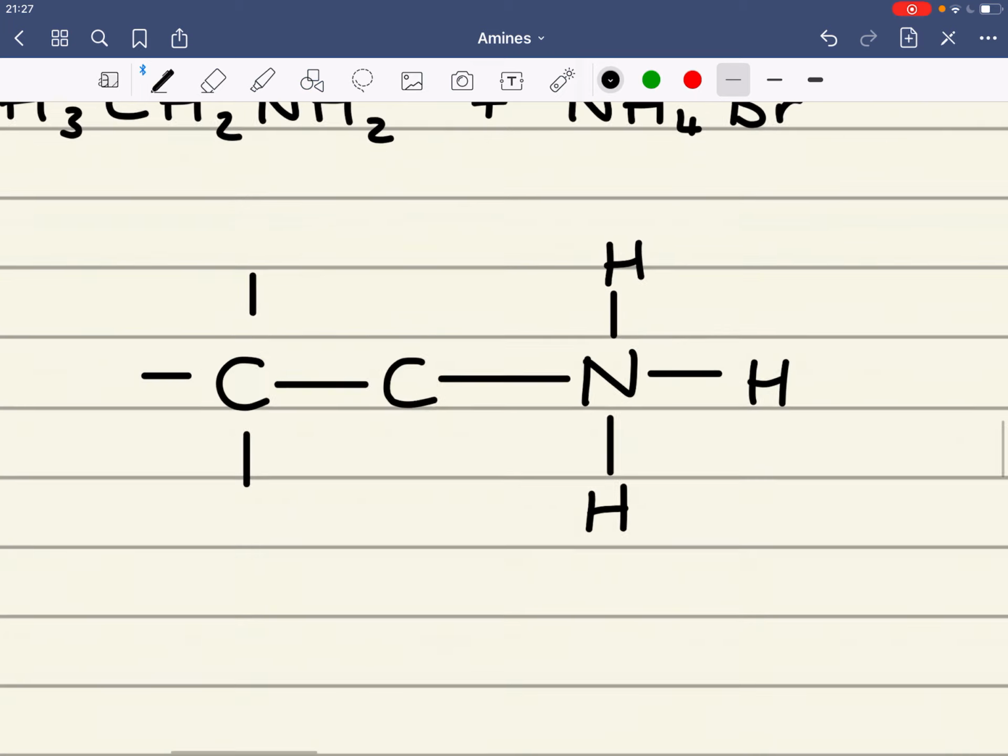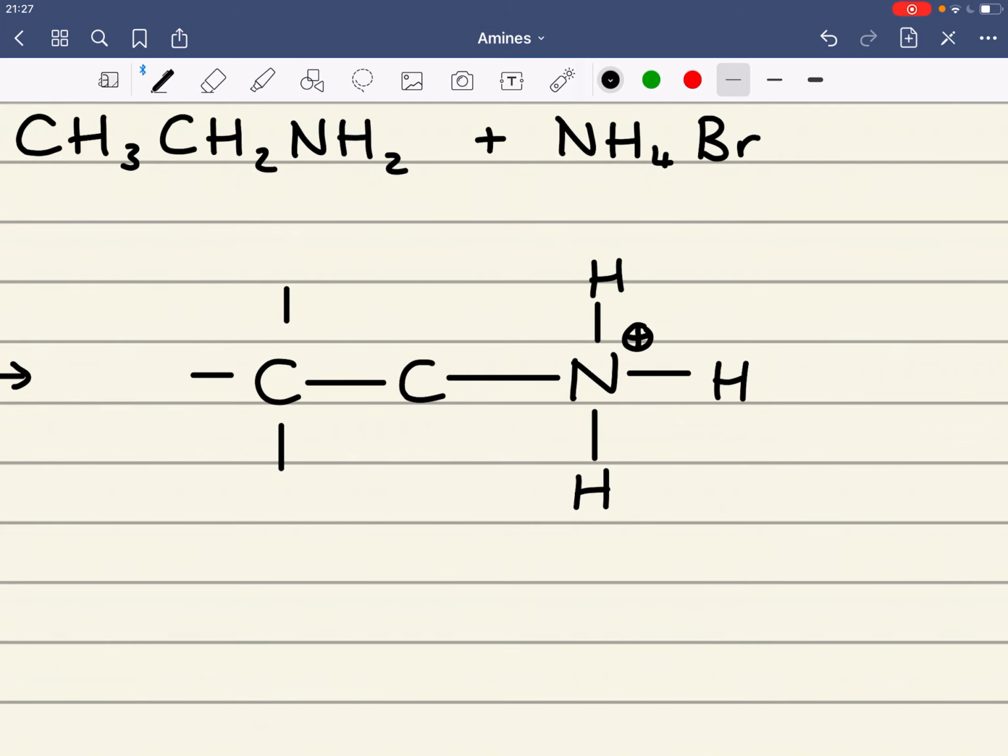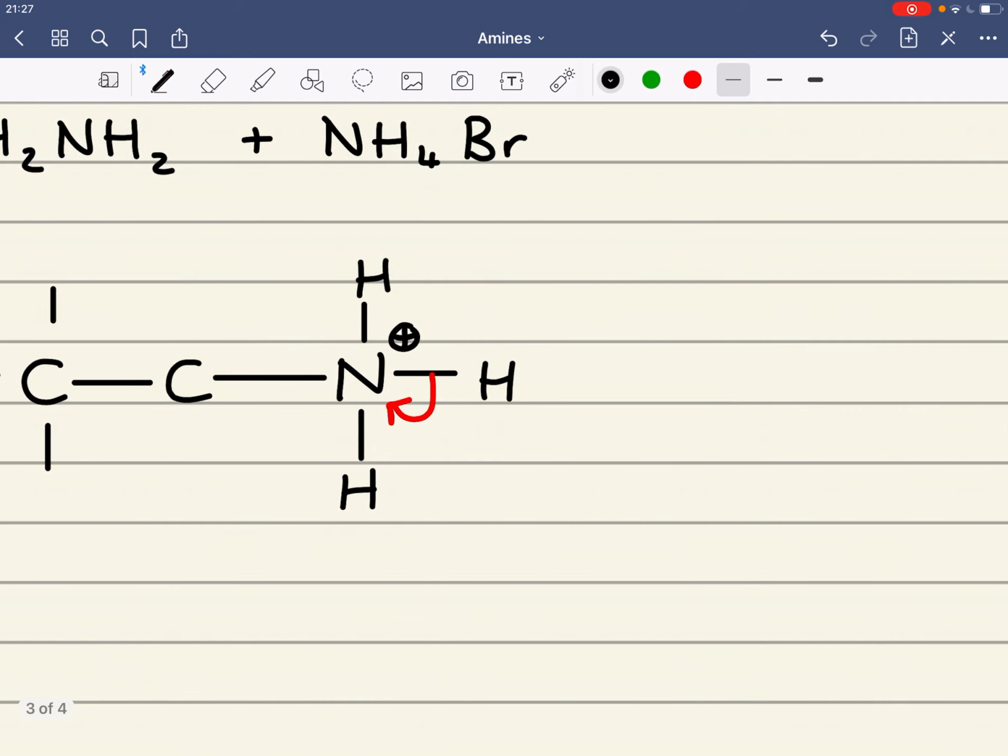And it's important that we put positive charge on this nitrogen. And then the nitrogen gains its lone pair back due to the NH bond breaking. The reason that happens is because a second ammonia comes in and acts as a base and pulls that hydrogen off.